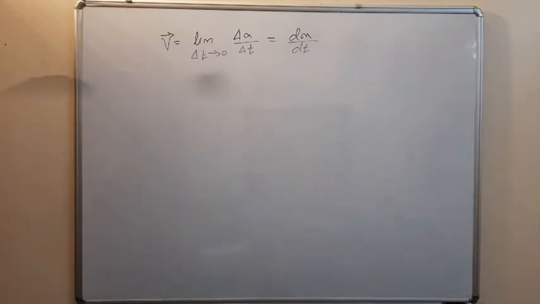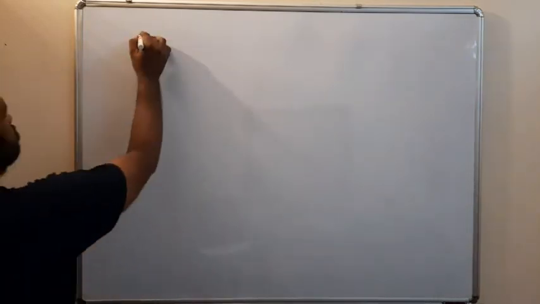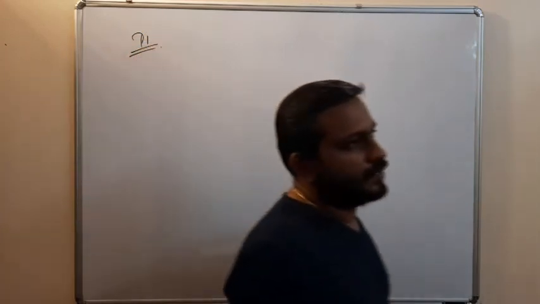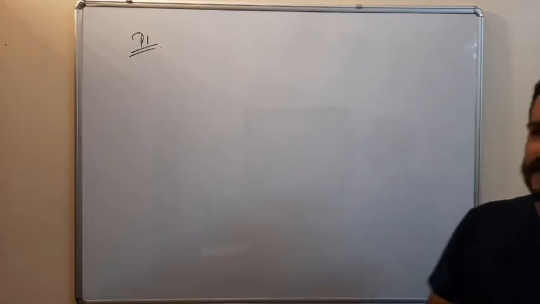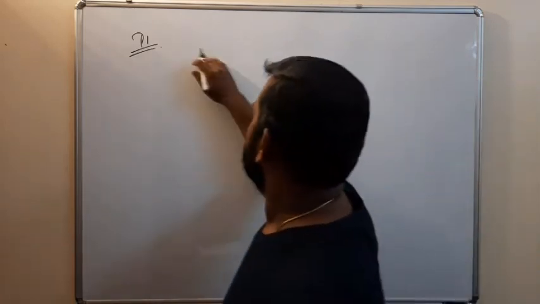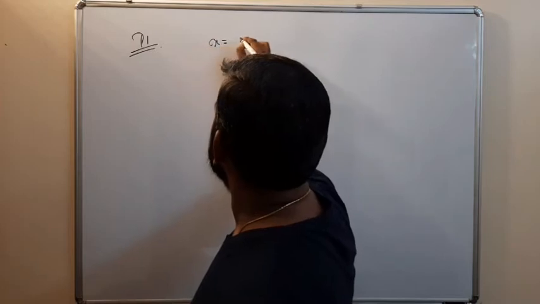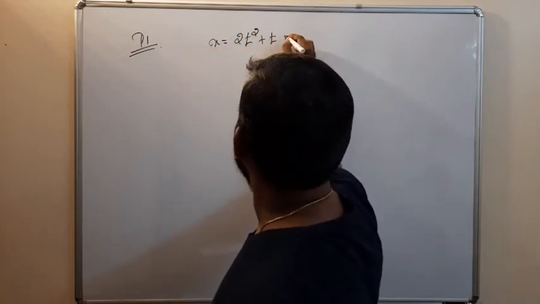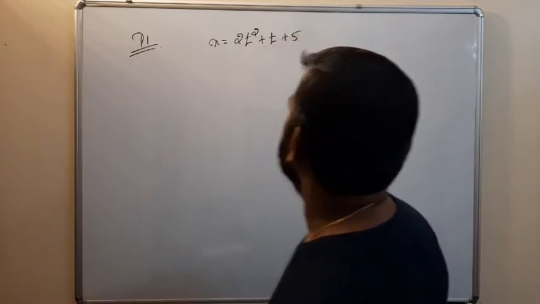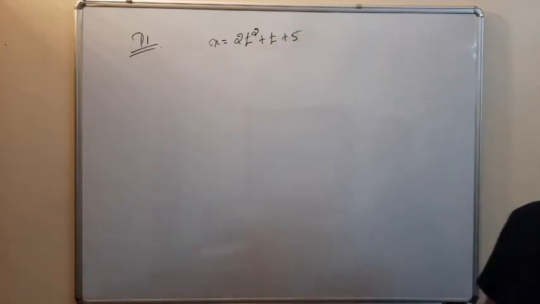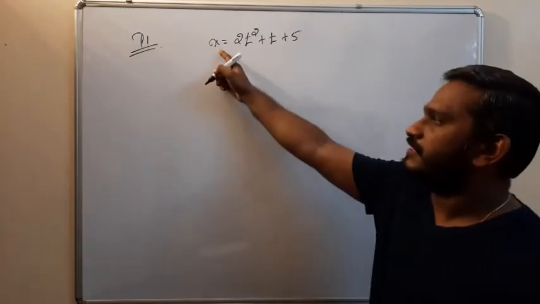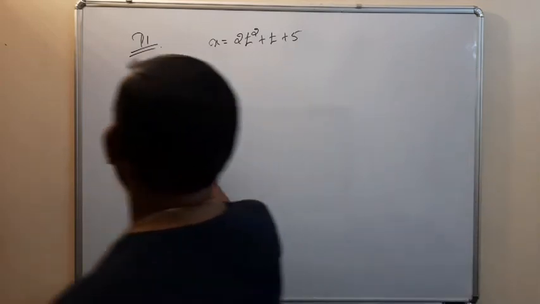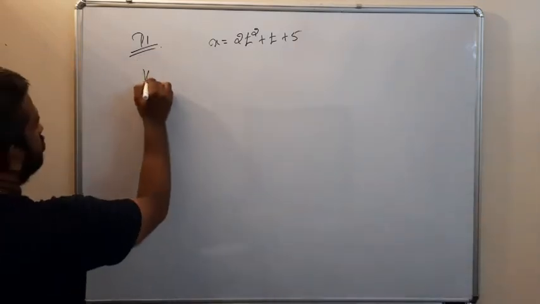The first problem. The displacement of an object moving in a straight line is given by x is equal to 2t square plus t plus 5, where x is expressed in meters and t is expressed in minutes.